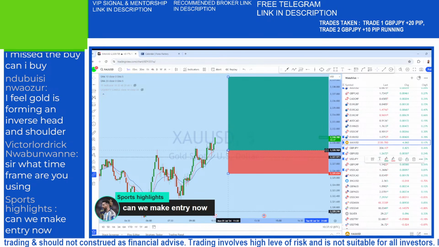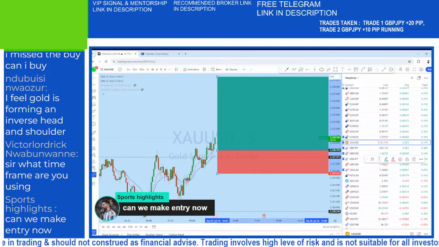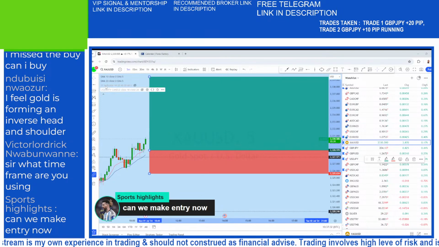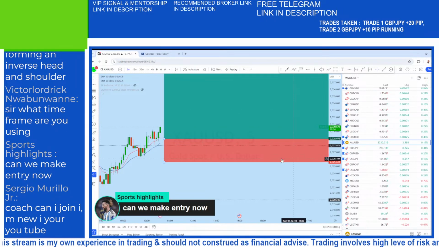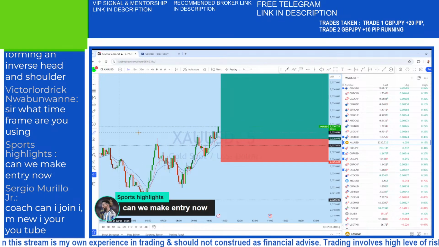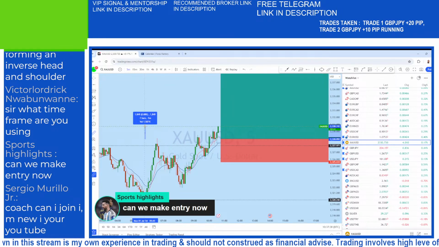Which is the main reason why we are long on gold. All right, guys. So let's keep holding it and wait for the price to break to the upside. We are up 18 pips.